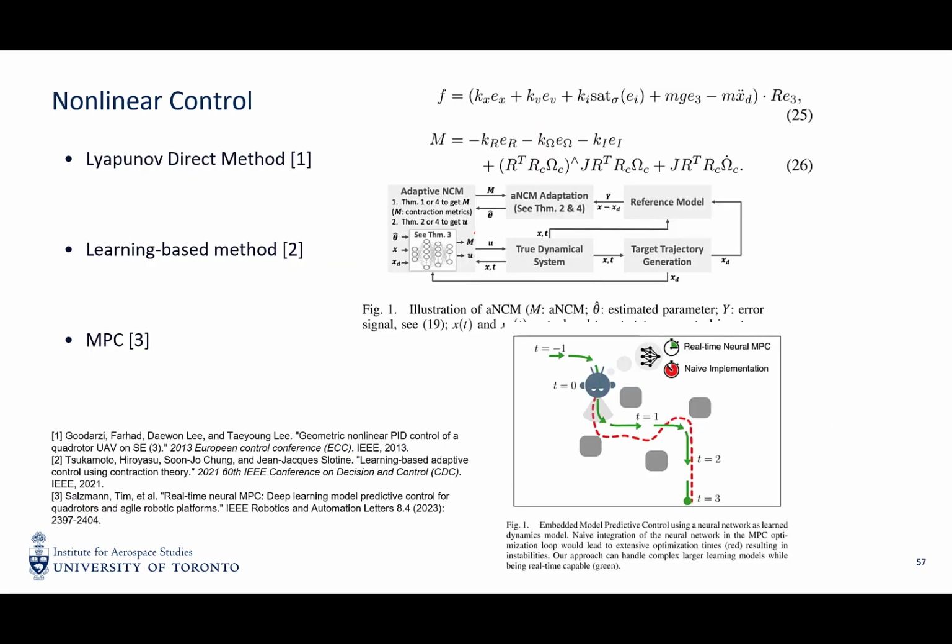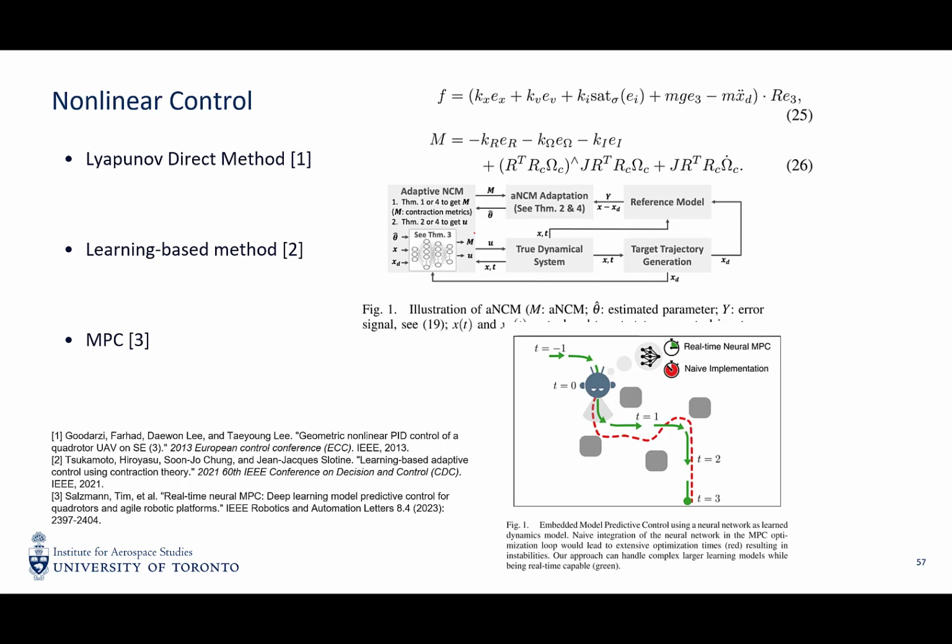I'm not going to go through all the detailed performance about nonlinear control because it's way beyond the scope of this lecture. But I will tell you some key aspects of how to do nonlinear control. Previously, PID and LQR were all applied to linearized systems.